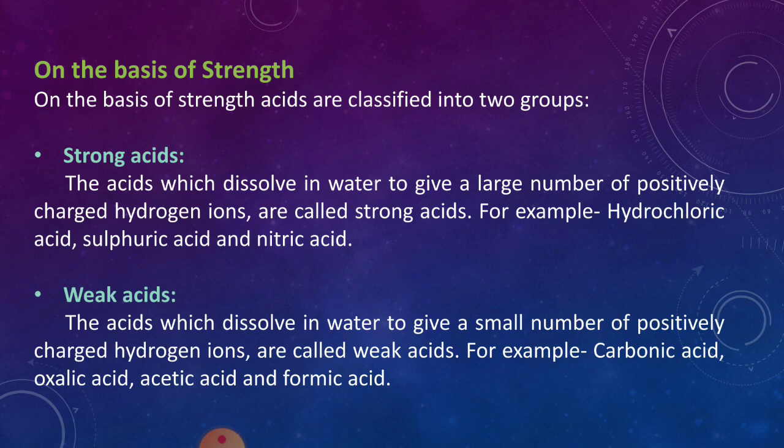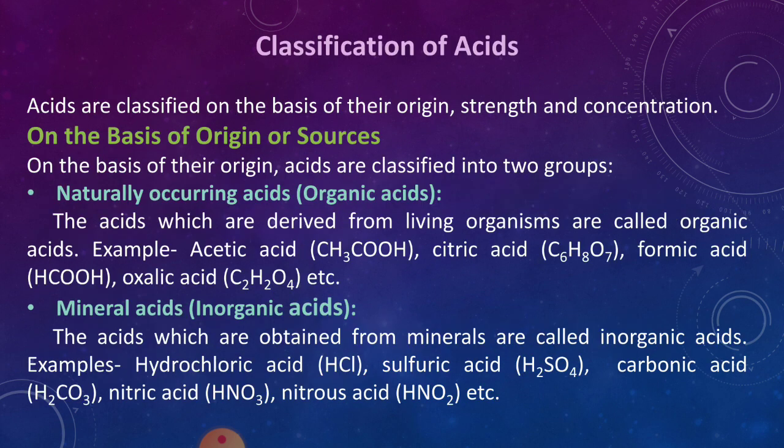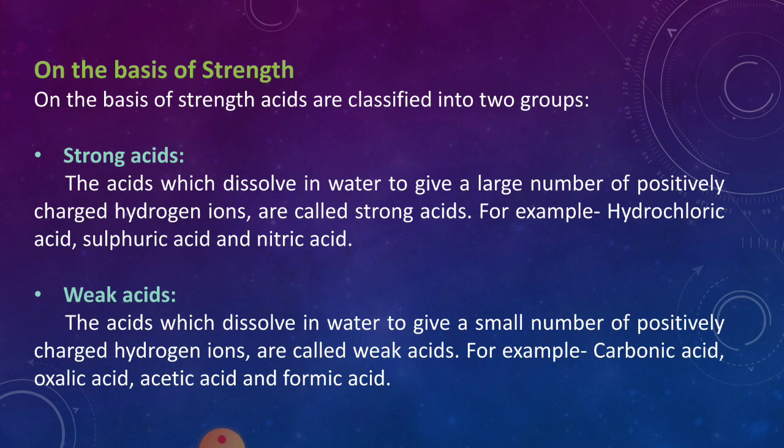As you have seen in the examples of acids, in all acids hydrogen is present. So if we dissolve acids in water, they dissociate, means they break down into two parts. That one you will study in higher classes. They will dissociate into two parts when we dissolve them in water.